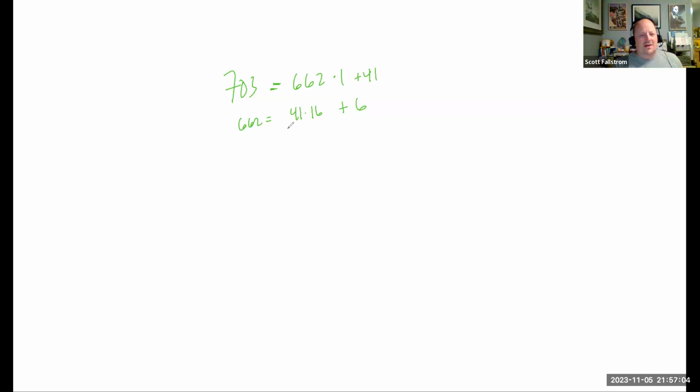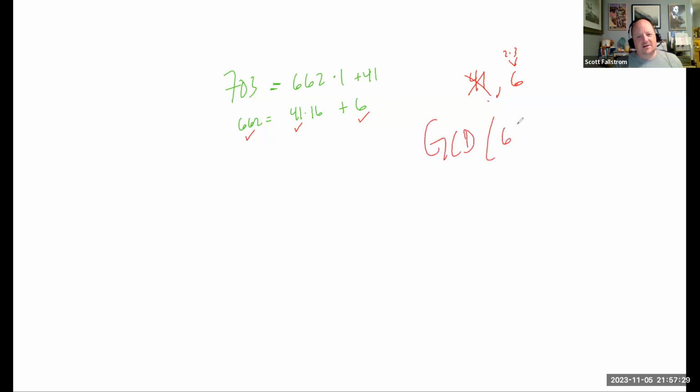Well, whatever my magical divisor is, it has to divide 662, 41, and 6. So if you just pause for a second, you've reduced this problem down to finding the GCD of 41 and 6. 6 has factors of 2 and 3, and neither one of them work here.